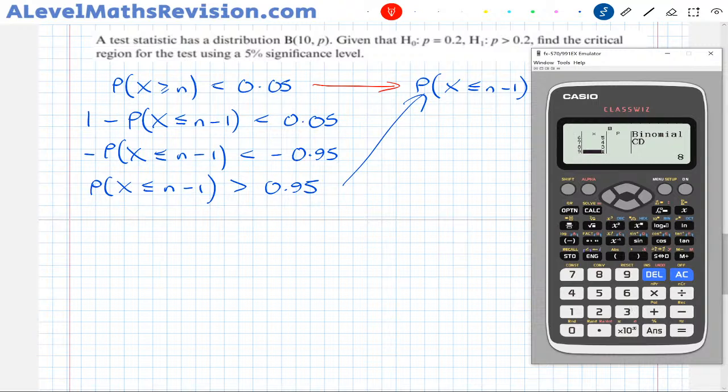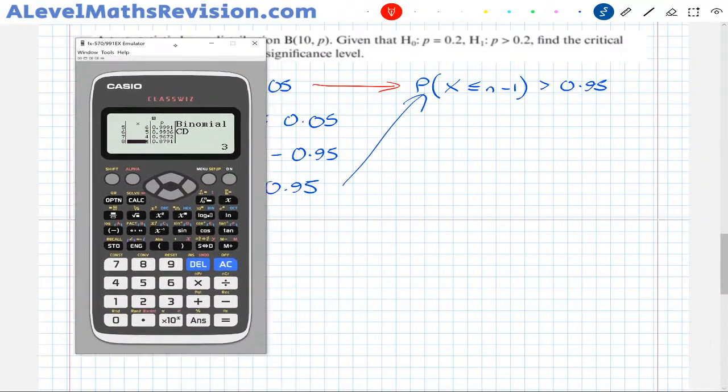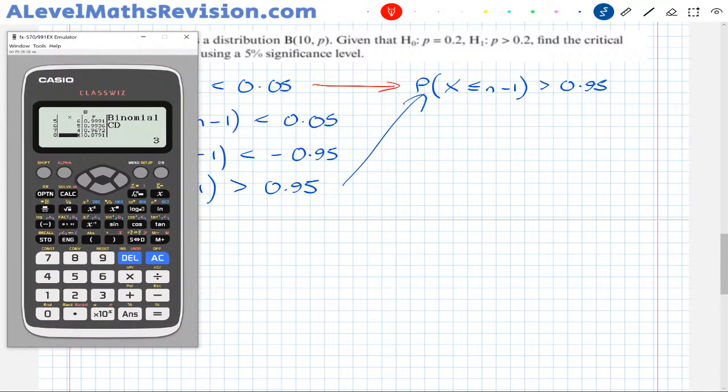Probably done enough. If I haven't, I'll do more later. 10. And the probability we're testing is 0.2. And we're looking for it to go below 0.95. So we want all the ones above 0.95. So we want to see the threshold being crossed. So there we have it there.